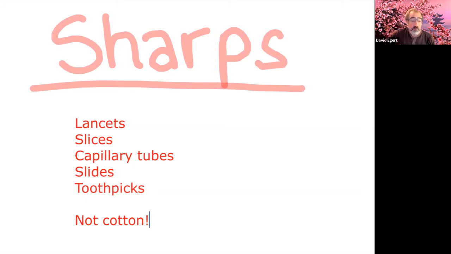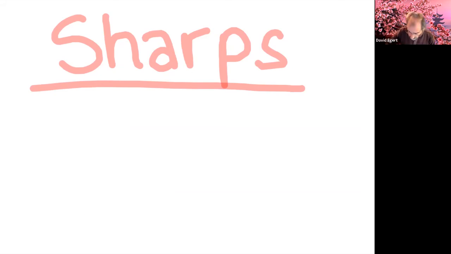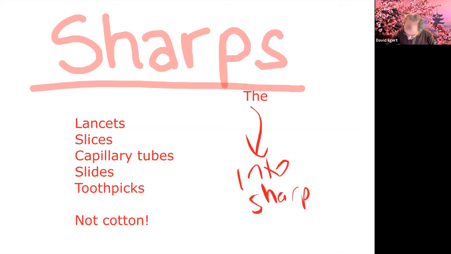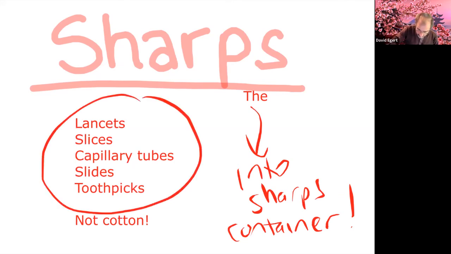You only want to put actual sharps in the sharps containers, so whoever is sterilizing them knows they have to be careful. Slides should not go in the trash.